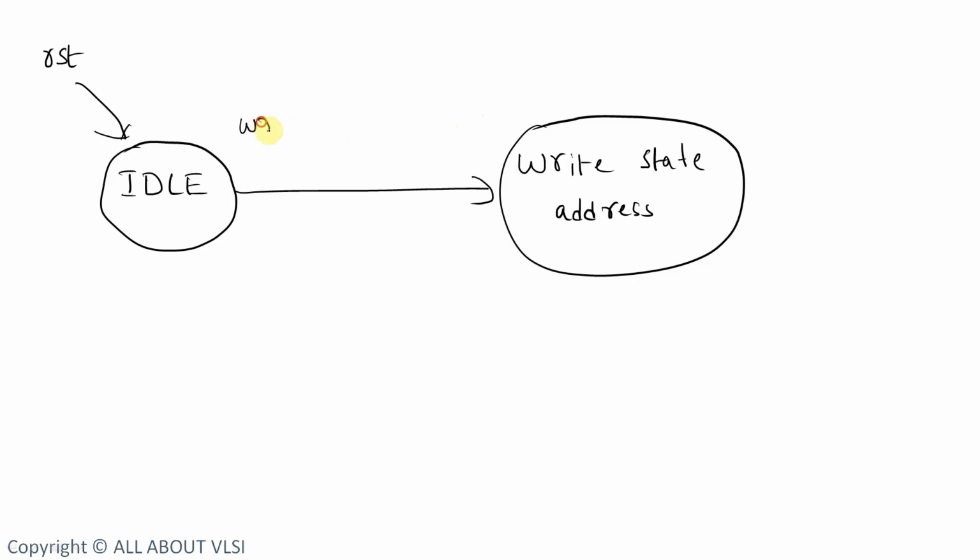In our idle state, if our write_top signal is equal to 1, and our HREADY is equal to 1, and the beat length is given something, and enable is equal to 1. Depending upon the beat length we will decide; I will show you in the code. Just leave the beat length for now.